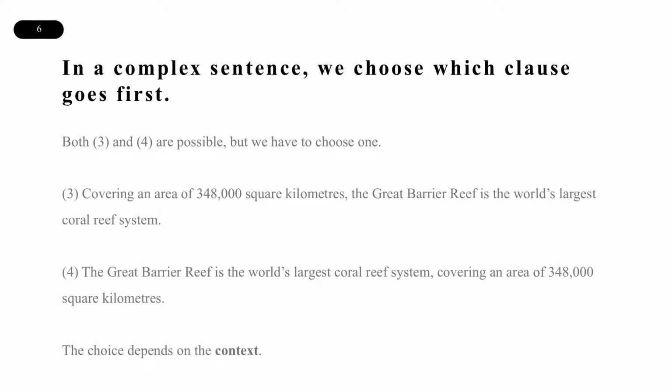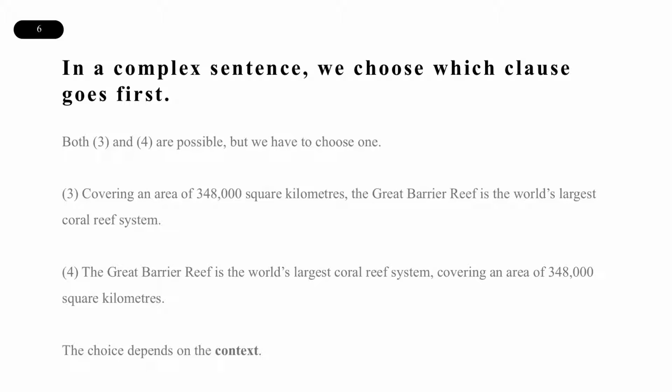In a complex sentence, we choose which clause goes first. So here are two sentences, 3 and 4. Both 3 and 4 are possible, but we have to choose one. So number 3 is, covering an area of 348,000 square kilometers, the Great Barrier Reef is the world's largest coral reef system.